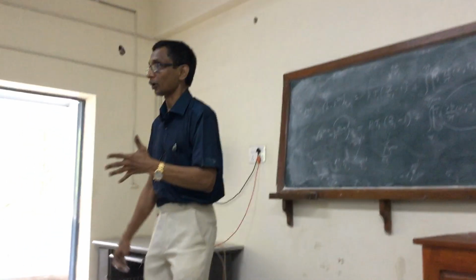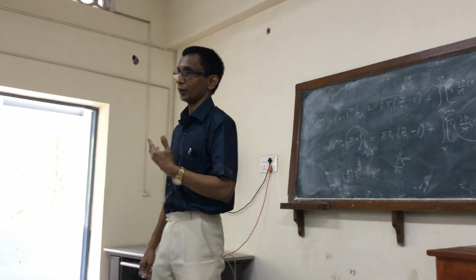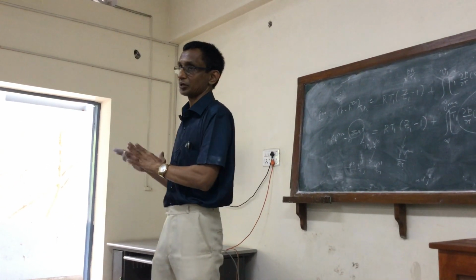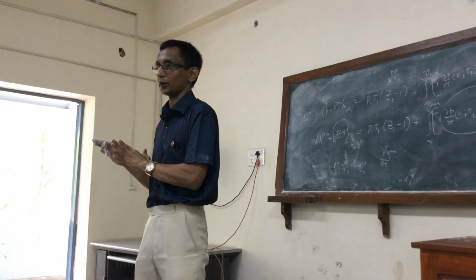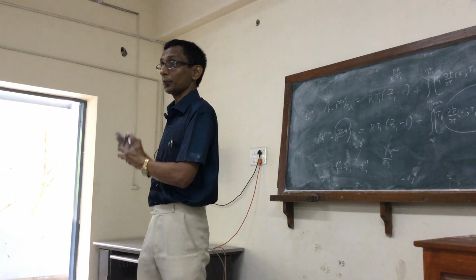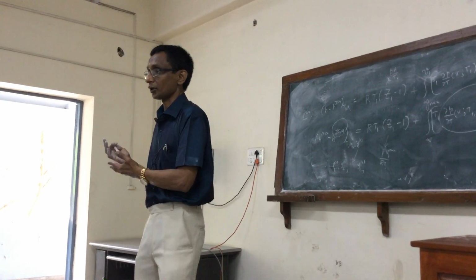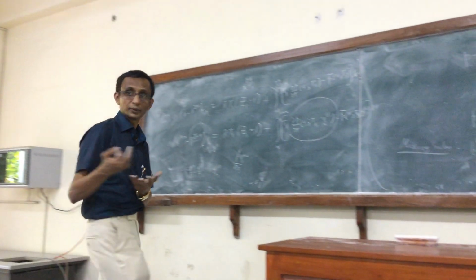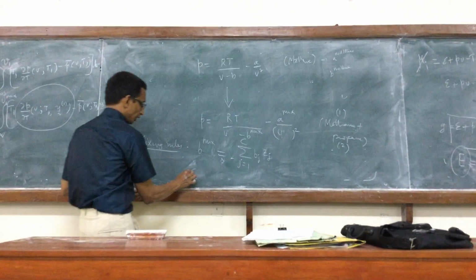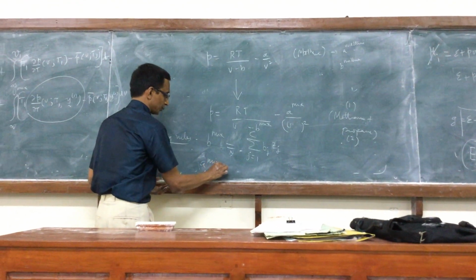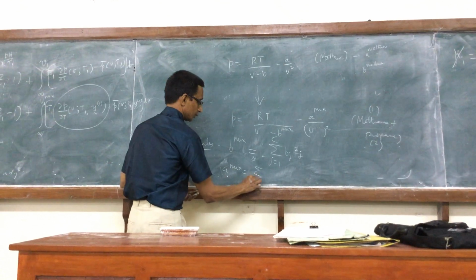The parameters for the Peng-Robinson or the van der Waals were at best functions of temperature for a pure component. Right? But here now they will be a function of the composition also. Right? So a very famous mixing rule, these are the simplest.